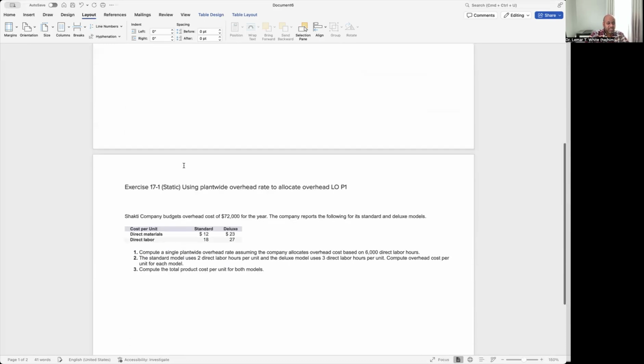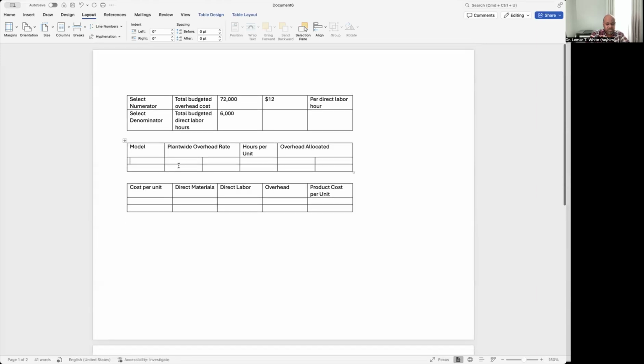For part two, it says the standard model uses 2 direct labor hours per unit, and the deluxe model uses 3 direct labor hours per unit. Compute overhead costs per unit for each model. So I'm going to put my standard here, I'm going to put my deluxe. I know that my plant-wide overhead rate, which I just calculated, is $12 for both models.